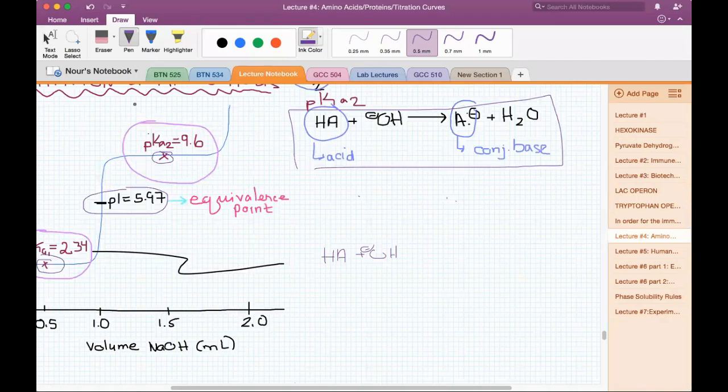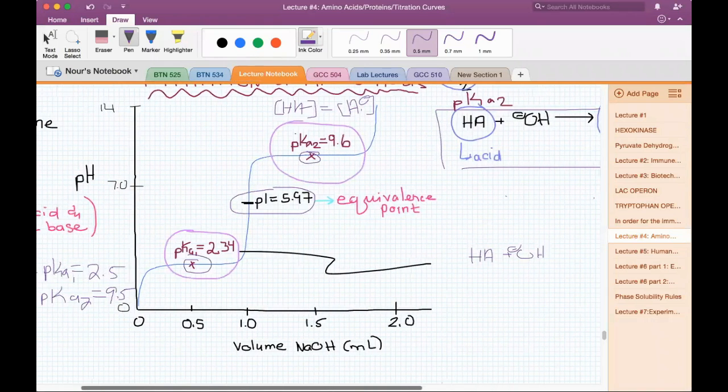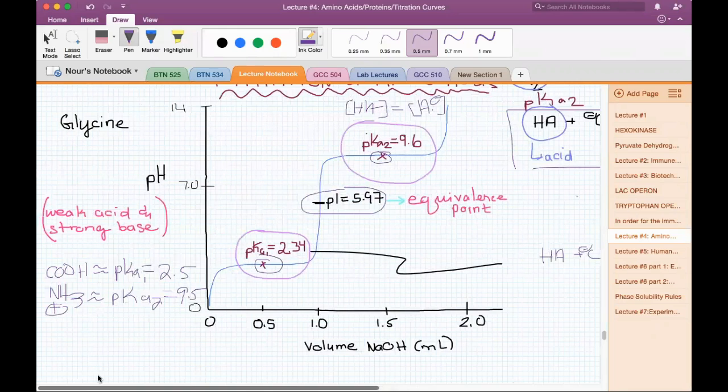So then at this point, the amount of acid equals the amount of base, the second pKa, which is at the ammonium ion. So now the proton is being stolen from the amino group. The two pKa's are generally telling you what section of the amino acid is getting its proton stolen away by the strong base.